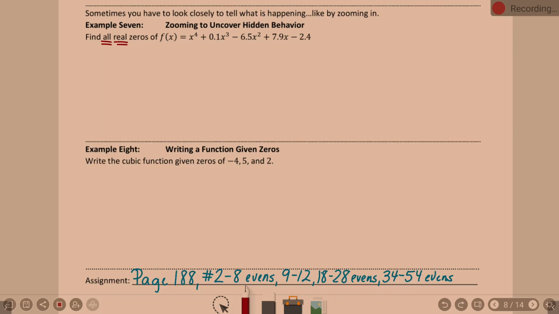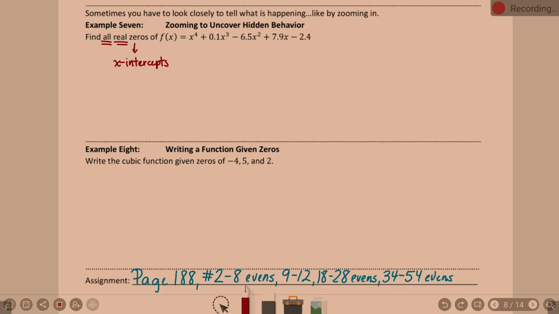Now, what do I mean real zeros? What are zeros? Zeros are what? Okay? So x-intercepts, right? We're trying to find all real x-intercepts. So, we're not graphing that guy by hand, guys. What are you going to do? Plug it in.